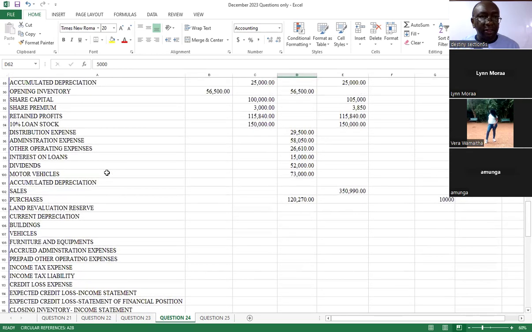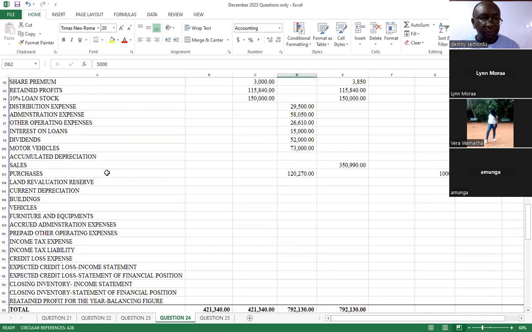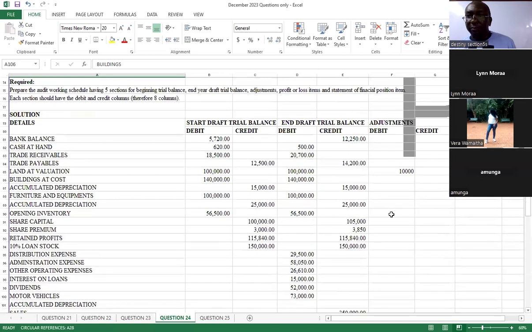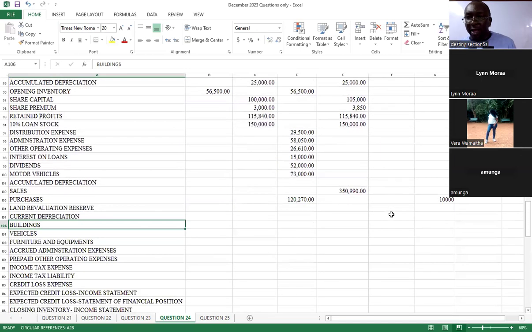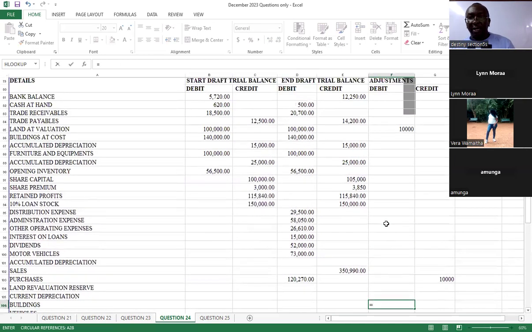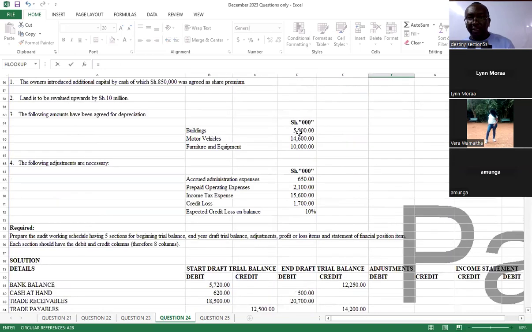The current depreciation, they are here. So for the building, when we come to this column of the adjustments, that is column F, be very careful. We will need to debit that because it's an expense. We are debiting because of this.